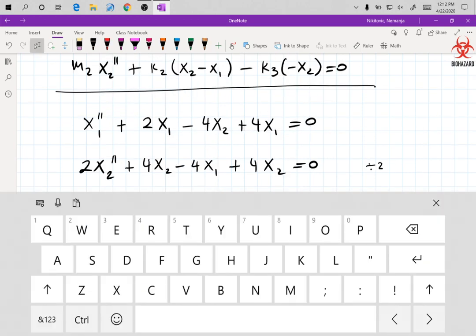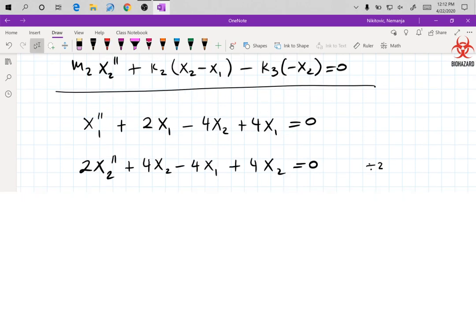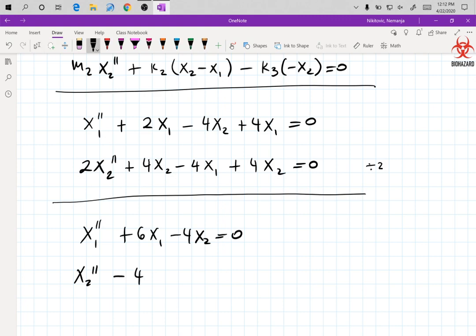And I have minus 4x1, minus 4x1. Oh, but it's divided by 2, so it's 2. And then 4 plus 4x2, that's 8, divided by 2 is 4, so plus 4x2 equals 0.